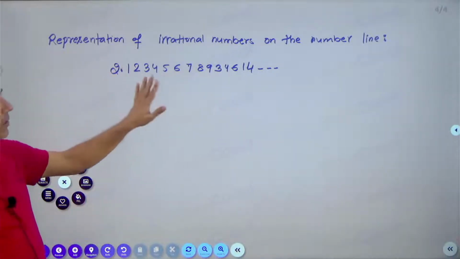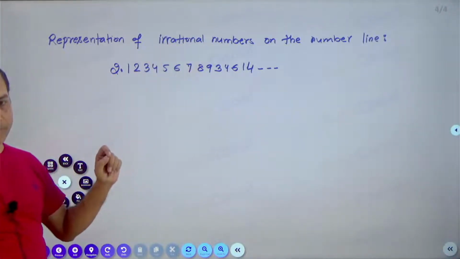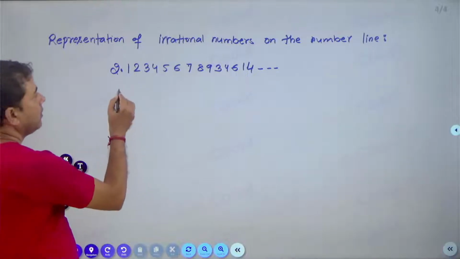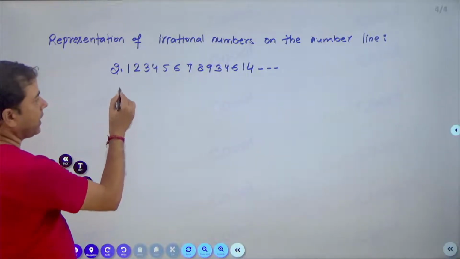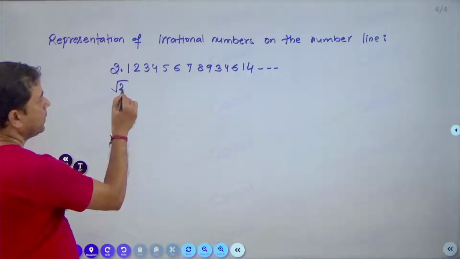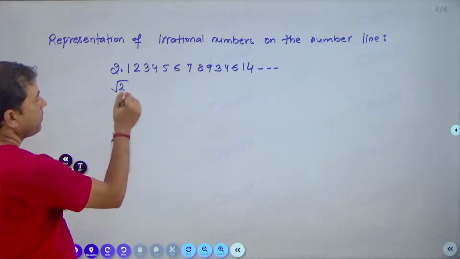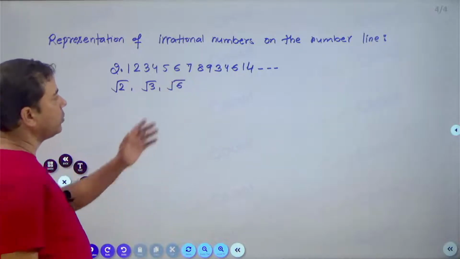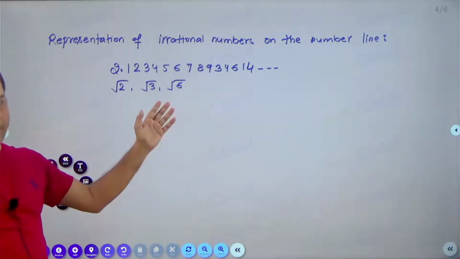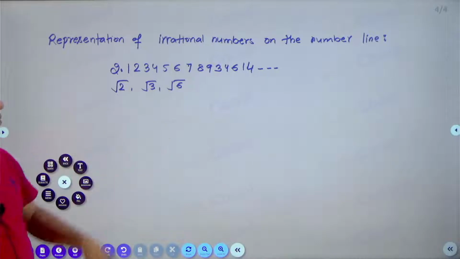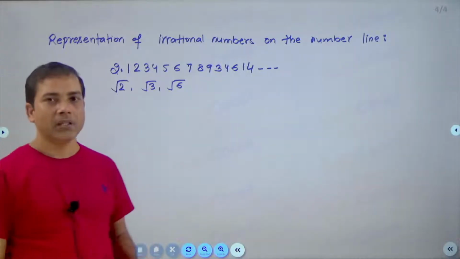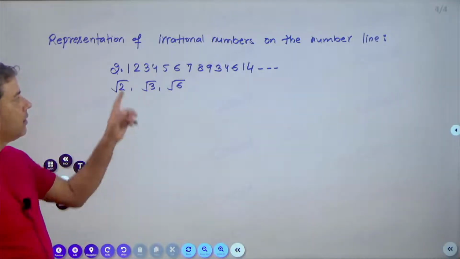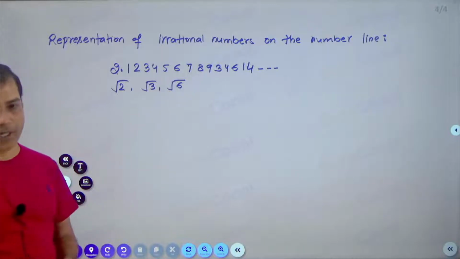So this is the first way to write an irrational number. The second way is in the form of radicals like root 2, root 3, root 6. We cannot remove the root sign from this expression. So these are all irrational numbers. Let us now see how we can represent these numbers on the number line.